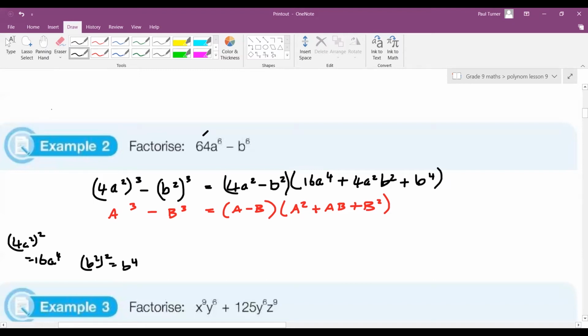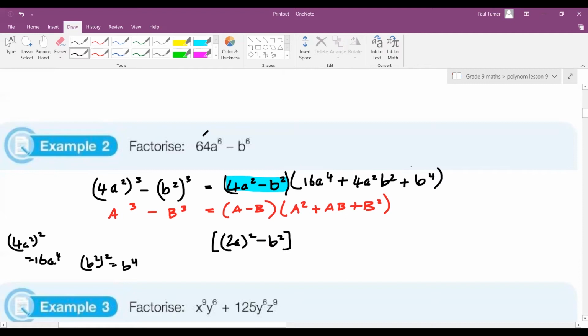Not quite finished yet, because you can see you can actually factorize this again using difference of squares. So we'll do that down here. So 4a squared can be made 2a all squared, right? Minus b squared. And then this will be the same.